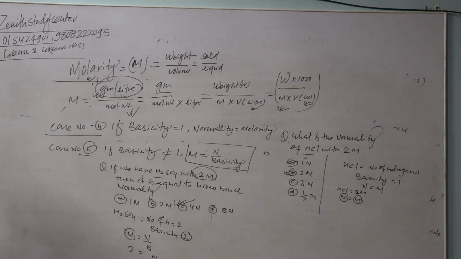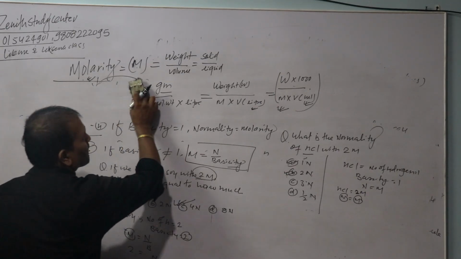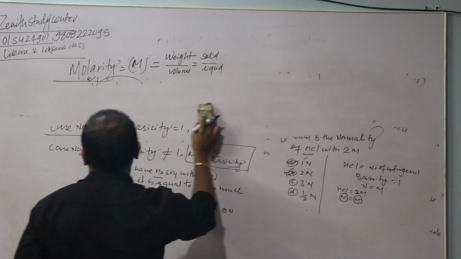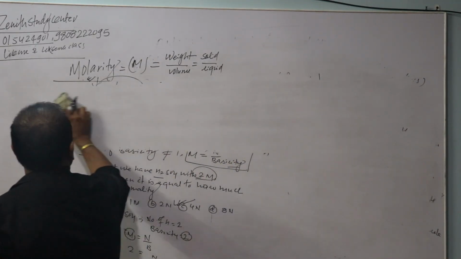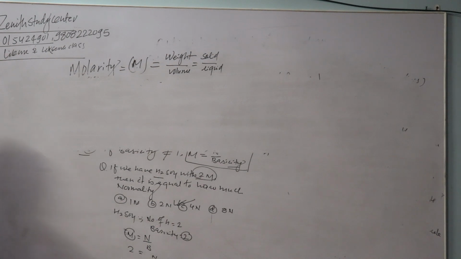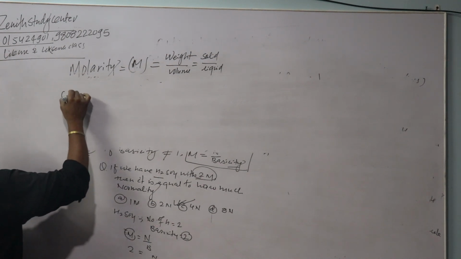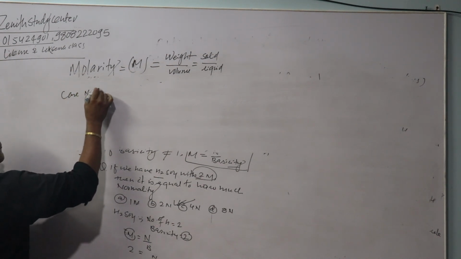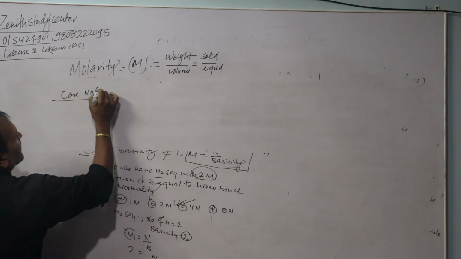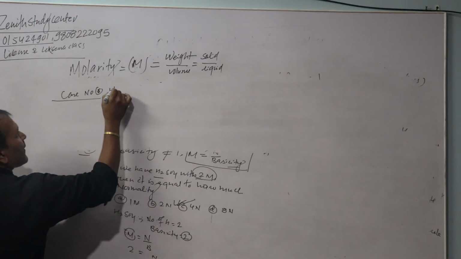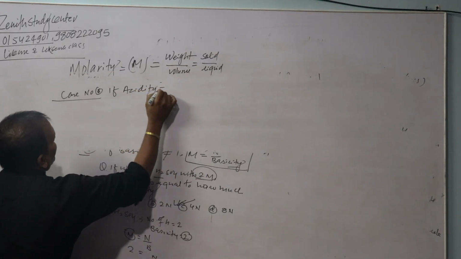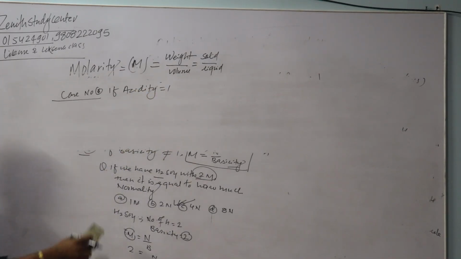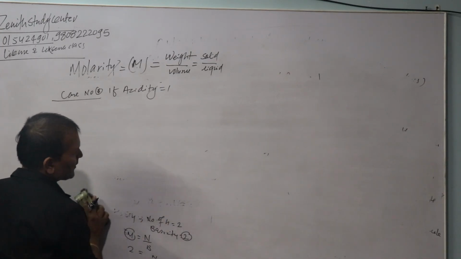Case number 6. If acidity is equal to 1, acidity always present in a base.